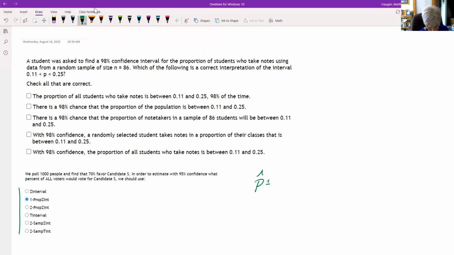Though you could, we're taking that sample proportion, adding the z-score associated to our critical value and subtracting it, multiplying that by our standard error. But the calculator does have a tool where you can just throw in all of that information. And it is one proportion z interval.